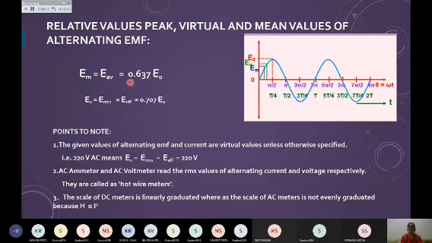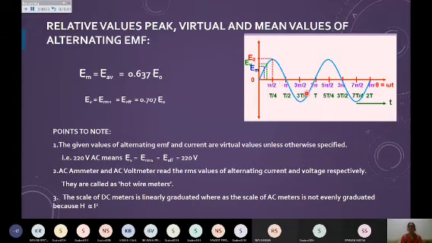Average value is 0.637 times the maximum value E naught, while the RMS value is 0.707 times the E naught. So these are the results which I have calculated mathematically.